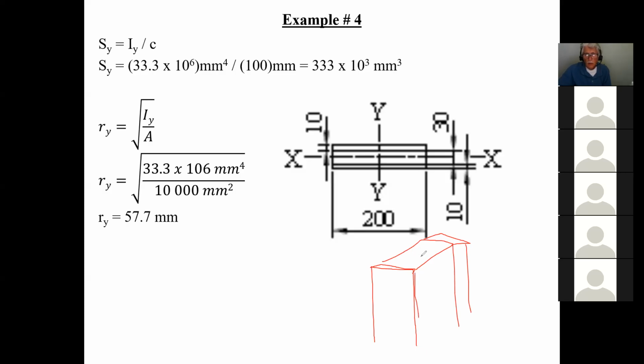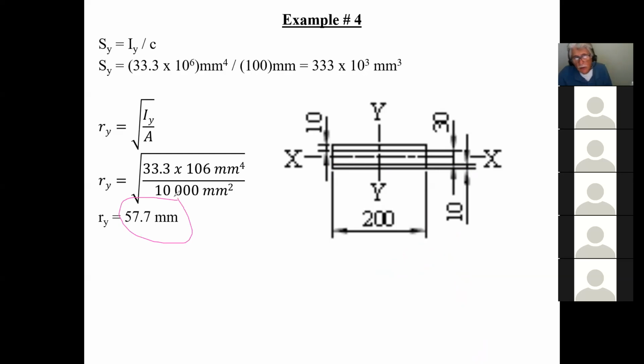If this column was going to be loaded here, and of course this is my x-axis and that's my y-axis, if this column would ever collapse one day, it's most likely going to be collapsing in this direction here, away from the y, not the x. That's what this tells me, because that is the weaker of the two based on this radius of gyration. It's always the smallest radius of gyration that will govern how the column will collapse. And that's what's good about knowing what this value is.